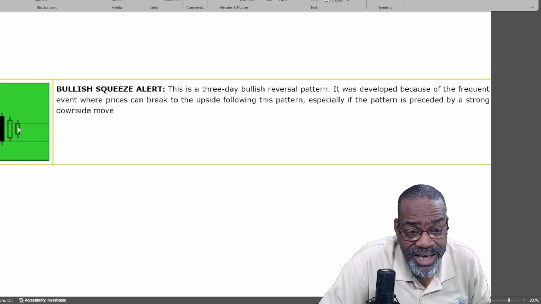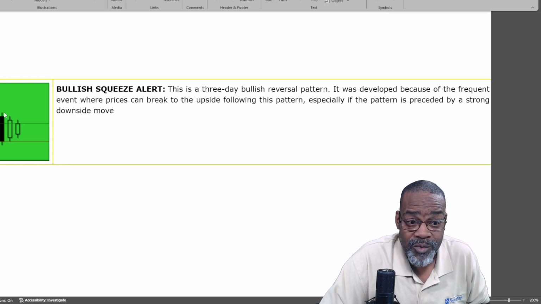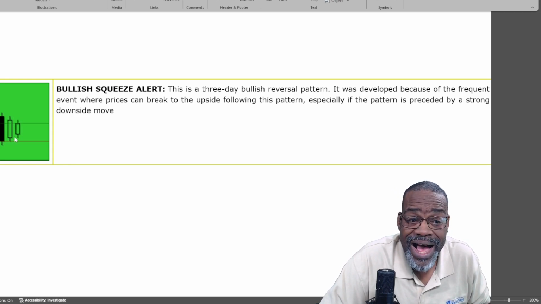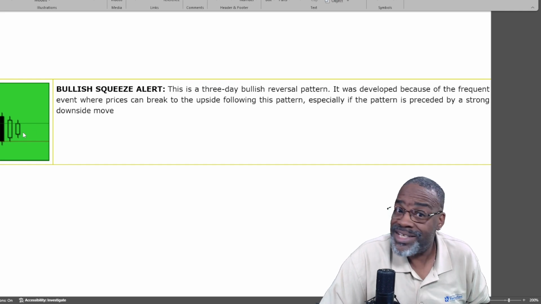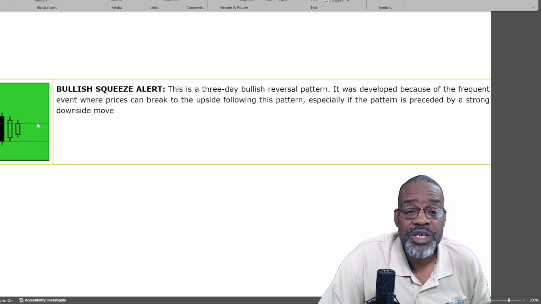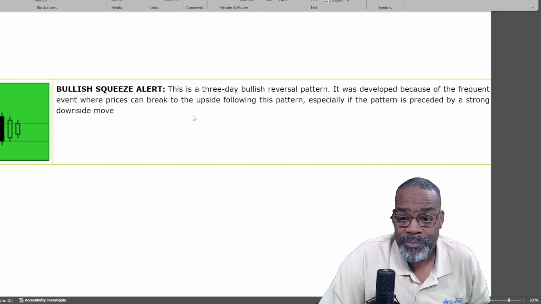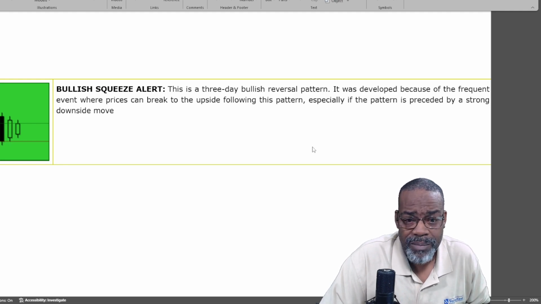We are squeezing in price. We've got lower highs, but we also have higher lows in the candle. It's a consolidation, but it's known as a bullish squeeze, followed by a break to the upside, especially if the pattern is preceded by a strong downside move.